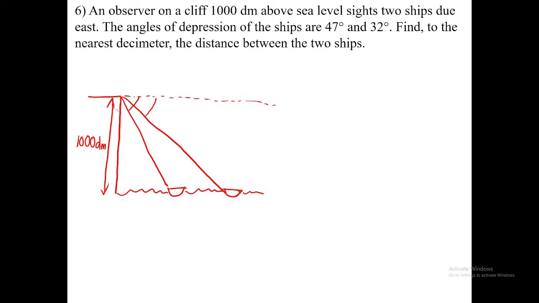The smaller angle goes to the smaller angle in the figure. The smaller one is 32 degrees, and the bigger angle is 47 degrees. If this is 47 degrees, what is the measurement here? 47 also. If this is 32, what is the measurement here? 32 also. So I am now applying the concept of alternate interior angles.